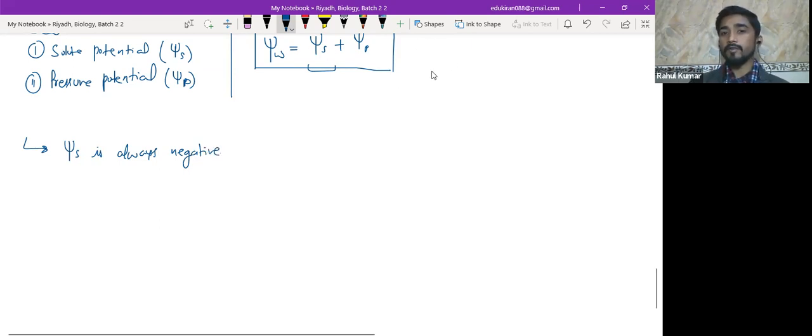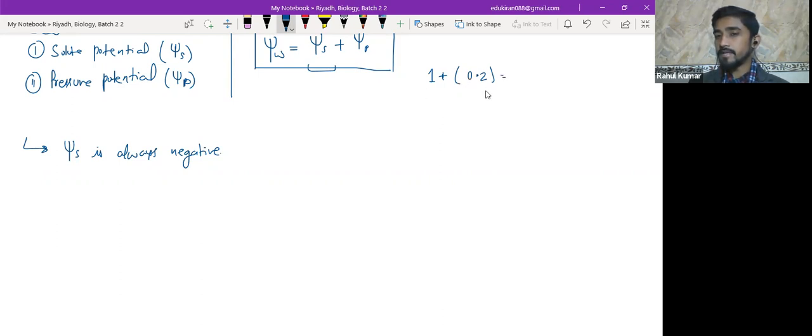Let's say for pure water, the water potential is 1. And whenever we are adding solute into it, we are adding something, right? But if we are adding something positive, then it should increase, correct? If I do 1 plus 0.2, it will become 1.2, and it will increase.